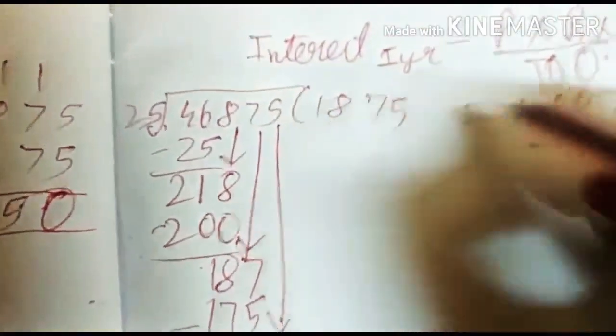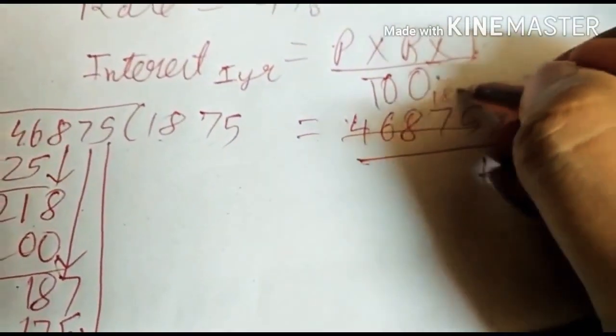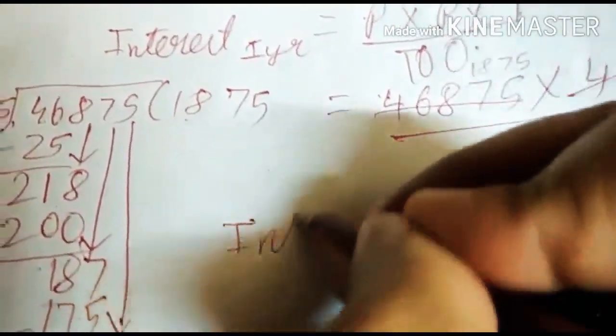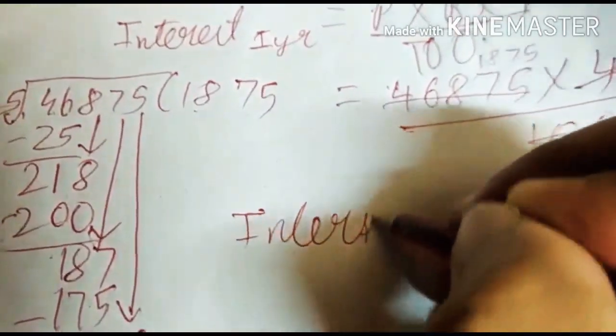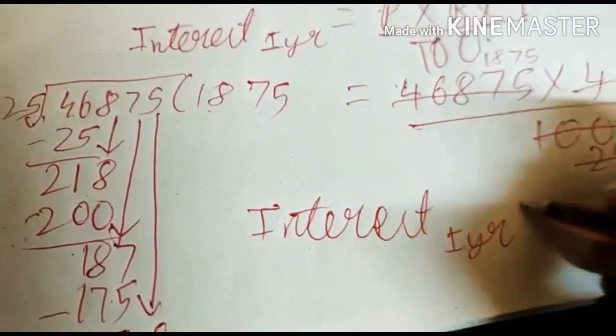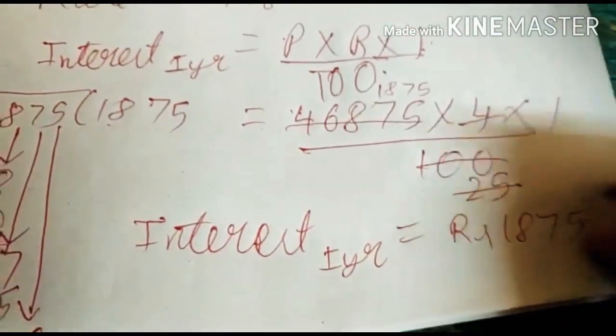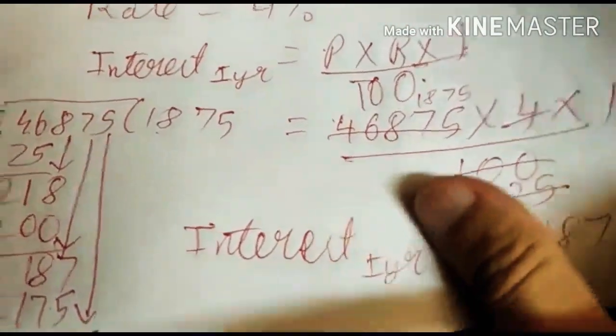Okay, it is 1875. So 1875 is the interest for the first year, rupees 1875.